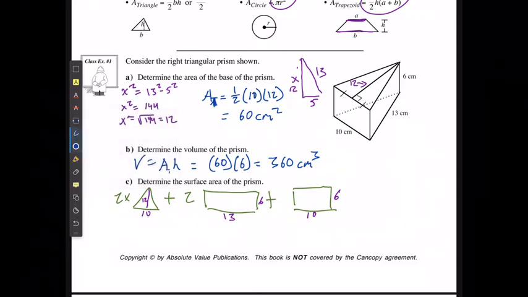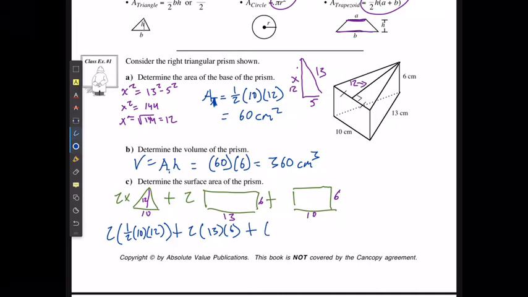Which means, to solve this, I'm going to have 2 times 1/2 of 10 by 12, plus 2 times 13 by 6, plus 10 by 6.